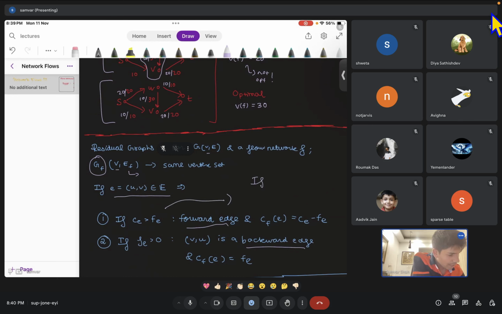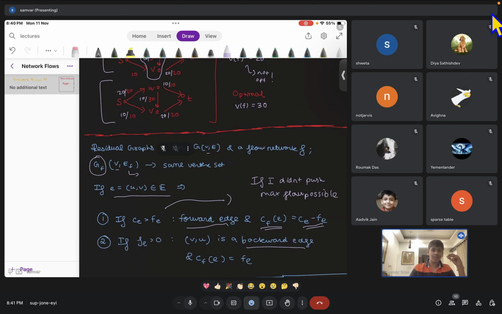If I didn't push max flow possible, then we call it a forward edge. So if you didn't push as much as you could have, then you call it a forward edge. And C_f of e is the residual capacity. So we had a capacity for G, now we have a residual capacity for G_F, and that is C_e minus F_e. This much makes sense. It's the amount which I still can push, right?